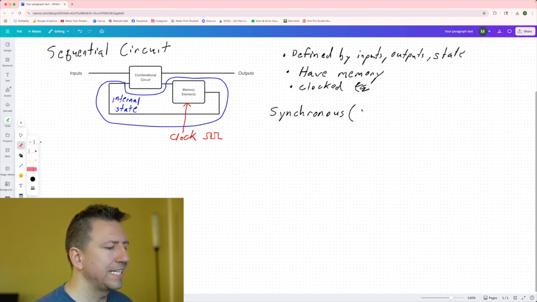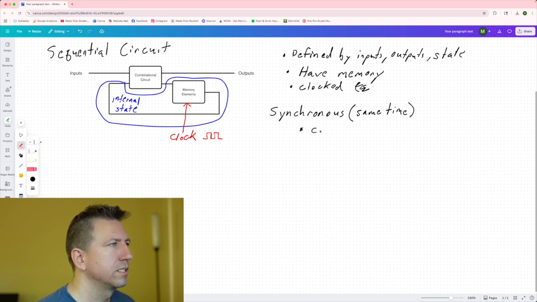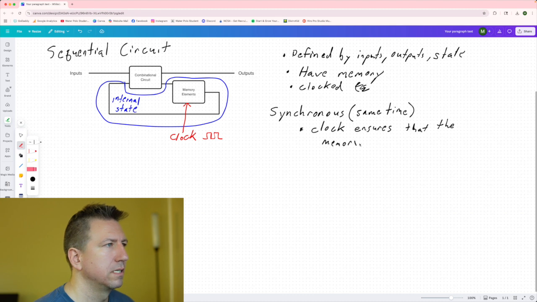So we have same time. And so this is where the clock signal ensures that the memory elements all change at the same time.